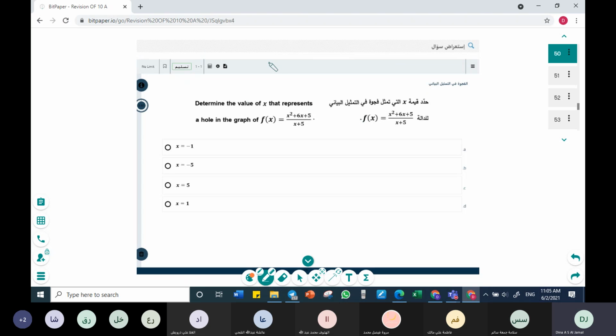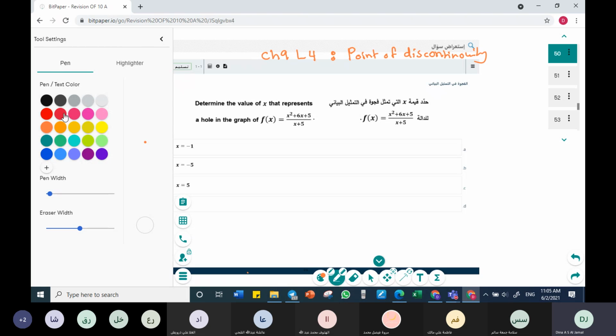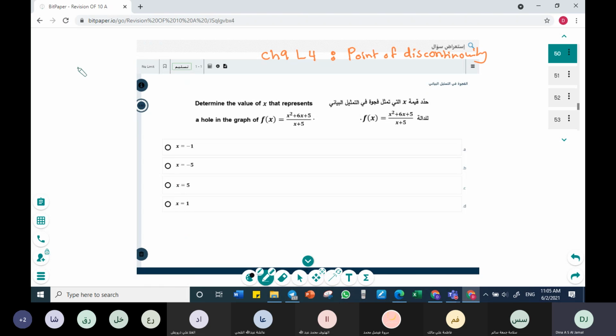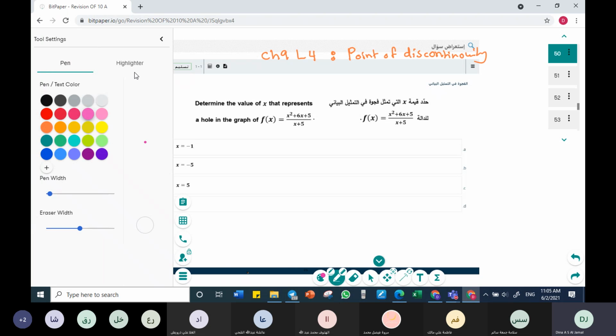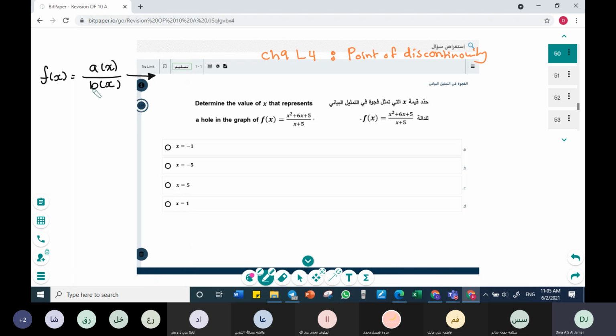He's referring to chapter 9, lesson 4, the part on point of discontinuity, which we took previously, and we were discussing that whenever you have f of x equal to a polynomial divided by another polynomial, you always need to exclude the zeros of the denominator from the domain.